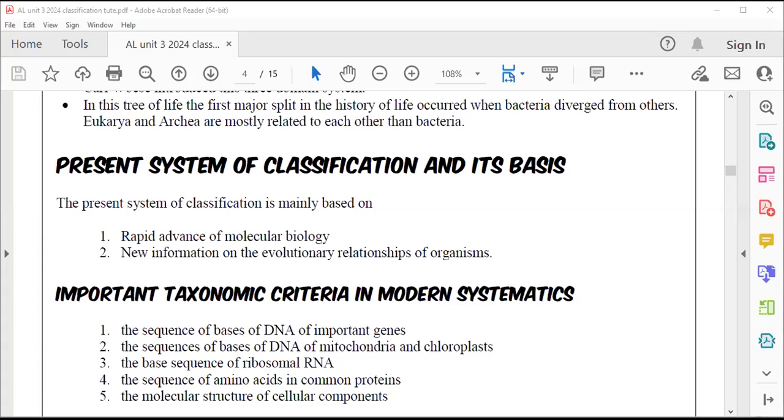Okay. So, molecular biological data is very, very important for the present day classification, right?